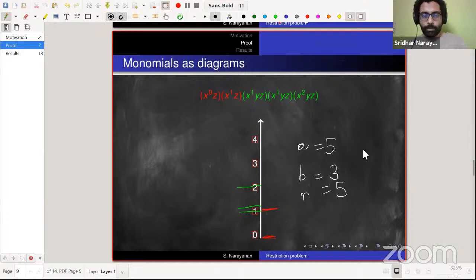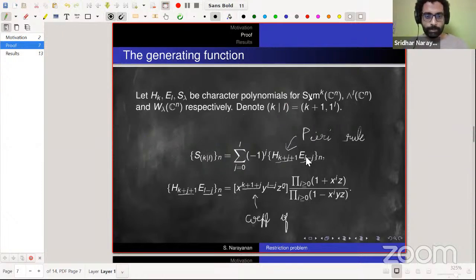Okay. So by representing monomials in this way, it allows us to express these moments, these coefficients, as the cardinality of a finite set of diagrams.